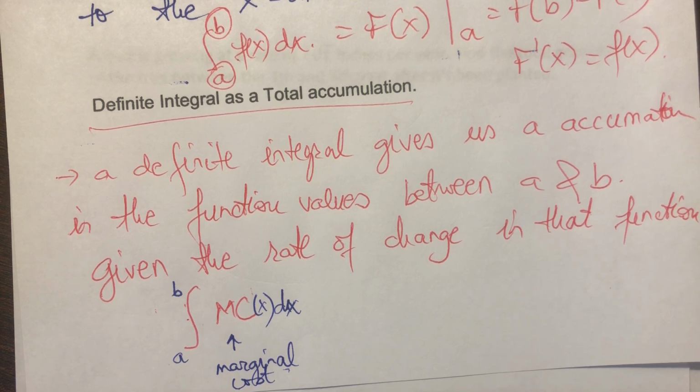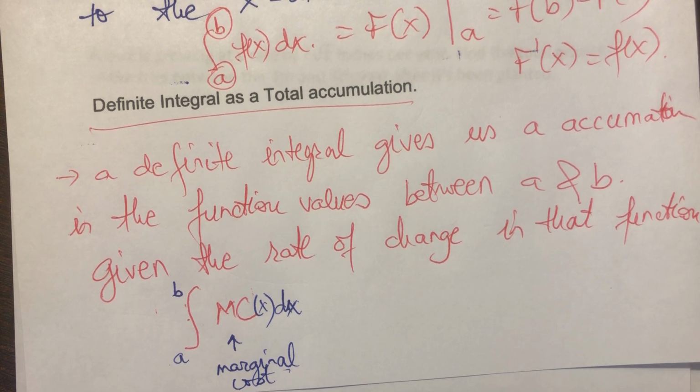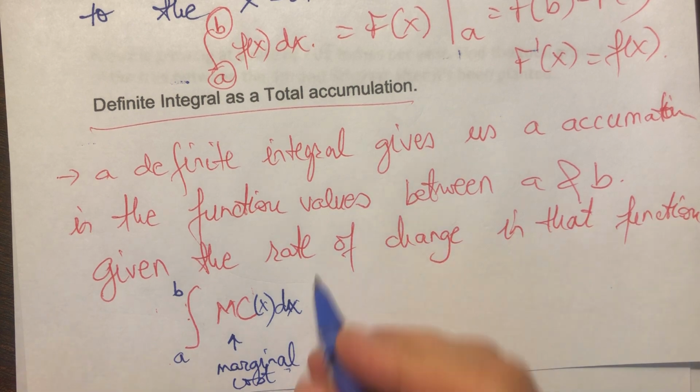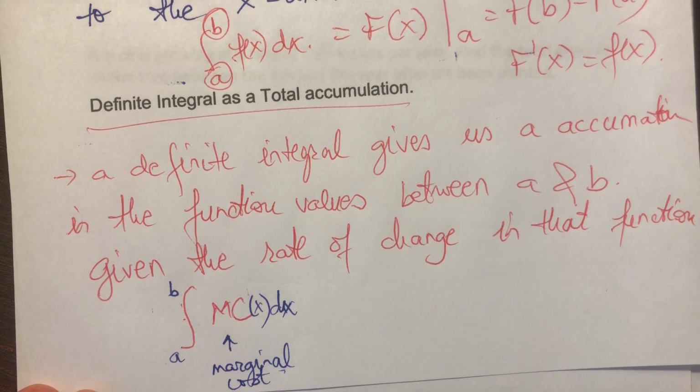In other words, the rate of change in the cost of producing those items. So I might say for every item that I'm producing, the cost goes up by $2, right, per item. So it's a rate of change in dollars per item.